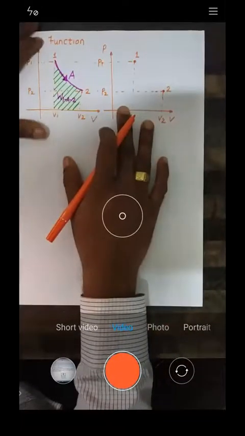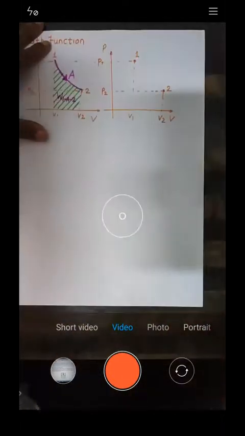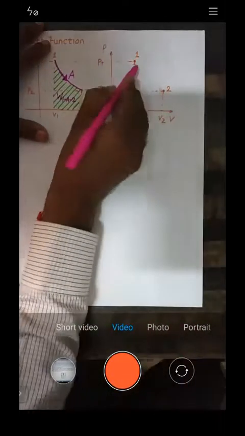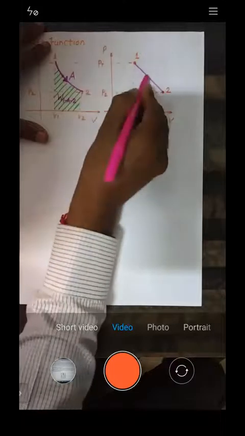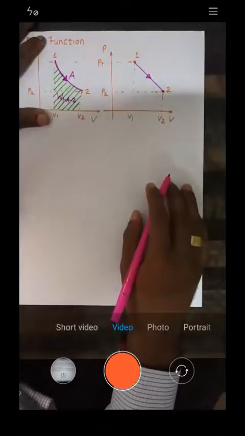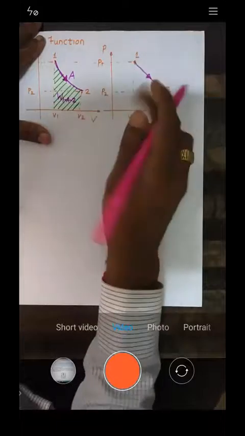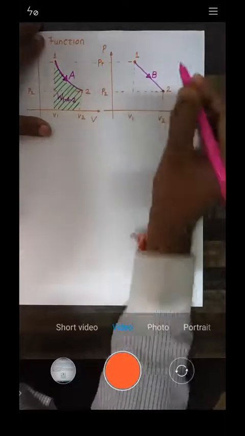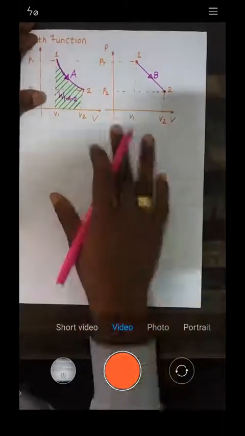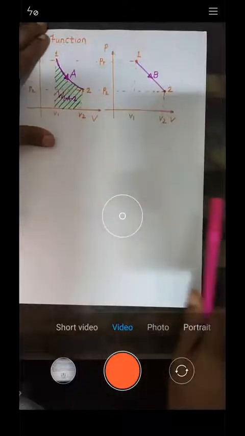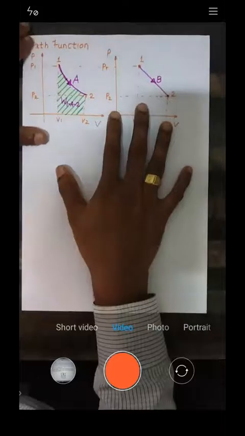Now see, instead of moving like 1A2, can I move it straight? Yes or no? So I will move it straight, let's say 1B2.